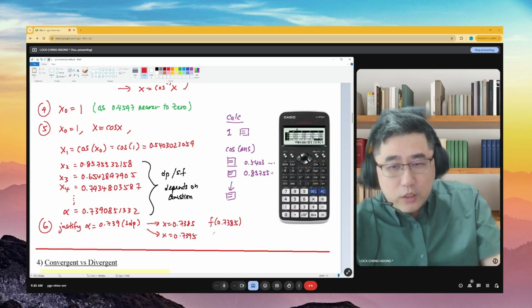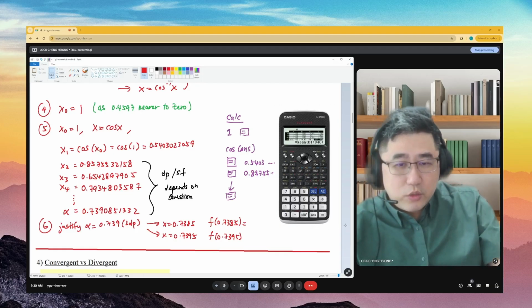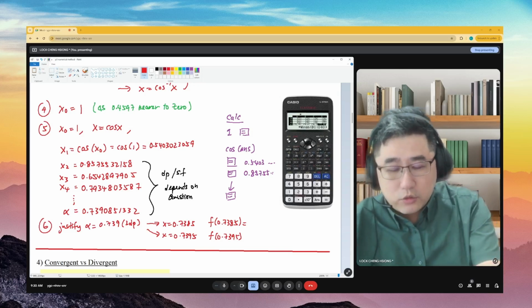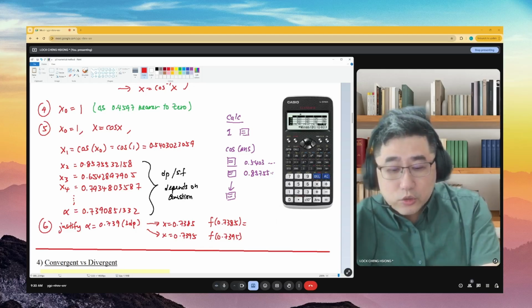0.7385 for that, and 0.7395. This time when you substitute the number, you do not substitute into g, you substitute into f. So it will be x minus cos x.